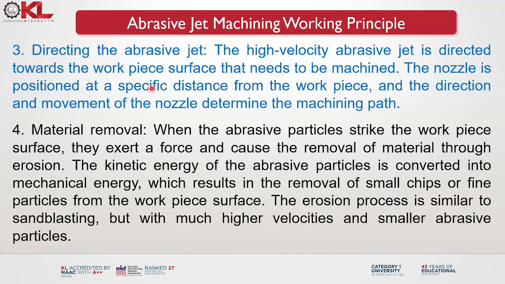When the abrasive particles strike the workpiece surface, they exert a force and cause the removal of material through erosion. The kinetic energy of the abrasive particles is converted into mechanical energy, which results in the removal of small chips or fine particles from the workpiece surface. The erosion process is similar to sandblasting, but with much higher velocities and smaller abrasive particles.